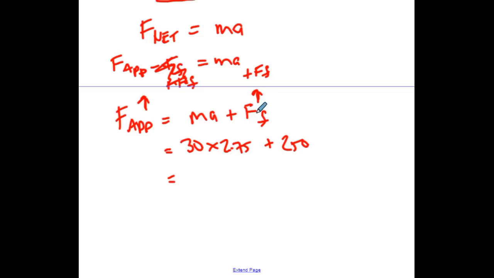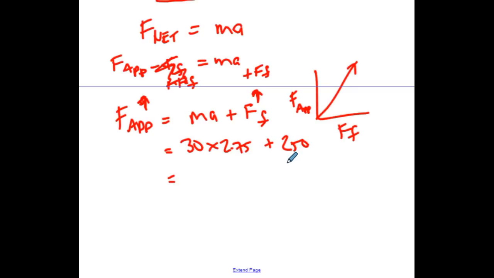This is another good way of describing that linear relationship. If you have more frictional force, you're going to need more applied force to make up for it. So if there was no friction, you just take 30 N times 2.75. But because there is a frictional force, there's a direct relationship. If you add more friction, you're going to need more of an applied force to make up for it. So I need to add 250.